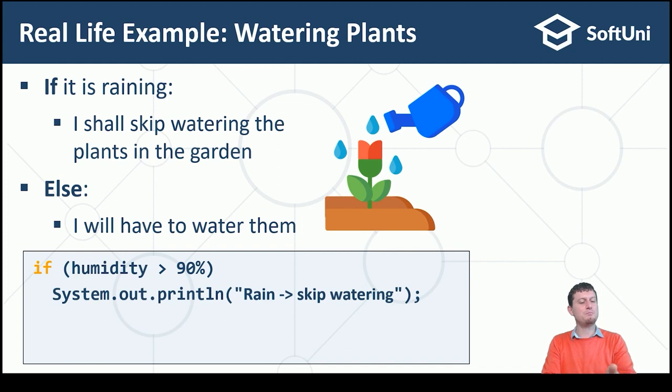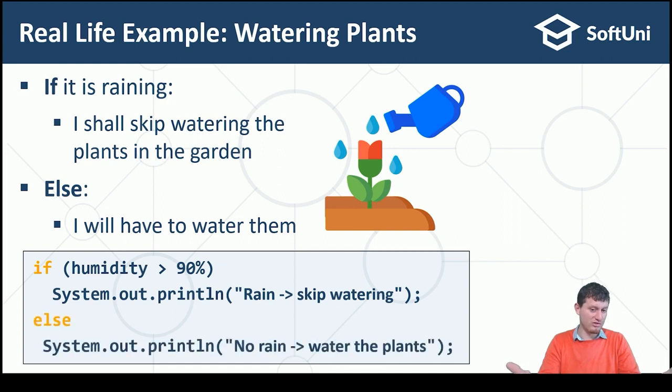If it is greater than 90%, it looks like it's raining and we don't need to switch on the watering system. Otherwise, or else, we need to water the plants. So we just say, please, water plug enable, or switch on, and it will run the water in the garden to water the plants.